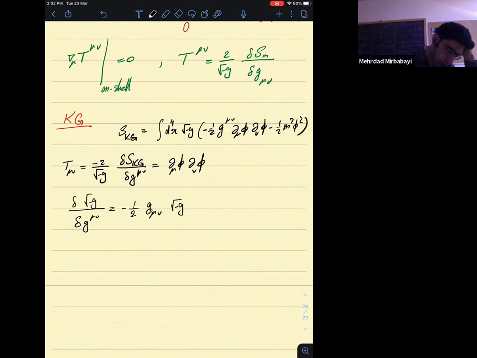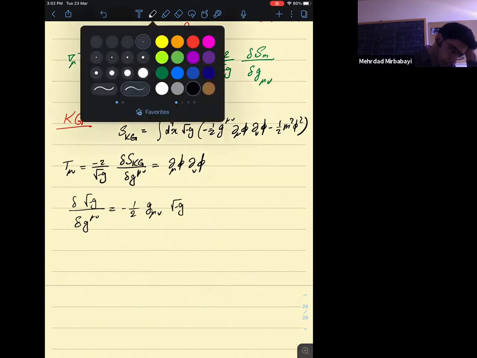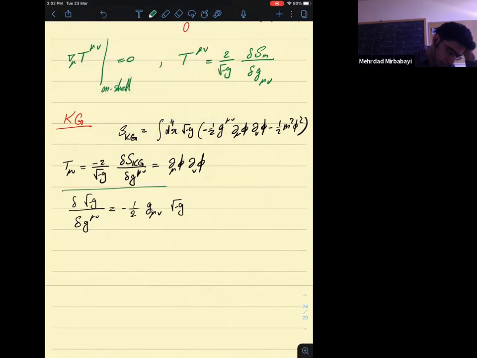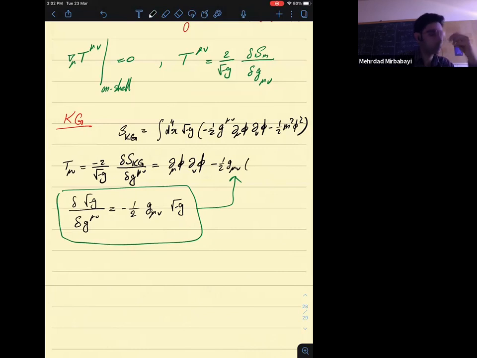So if I use this, I will get minus 1/2 g mu nu times... yes, so I have the minus with minus cancel, so I have a plus, and then I had another minus sign there.